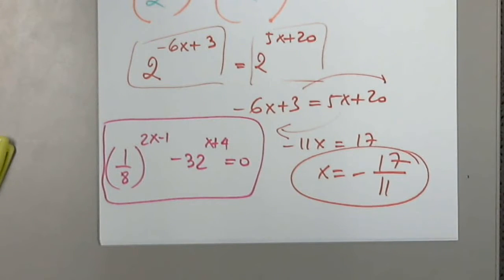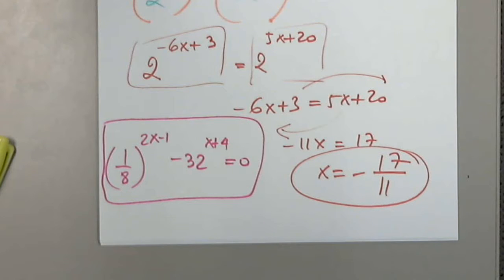So let's do that. In y equals, here's what I'm going to do. Negative 17 divided by 11. Okay, so I have it right there. It's waiting for me. That's the answer that we got from solving the equation.